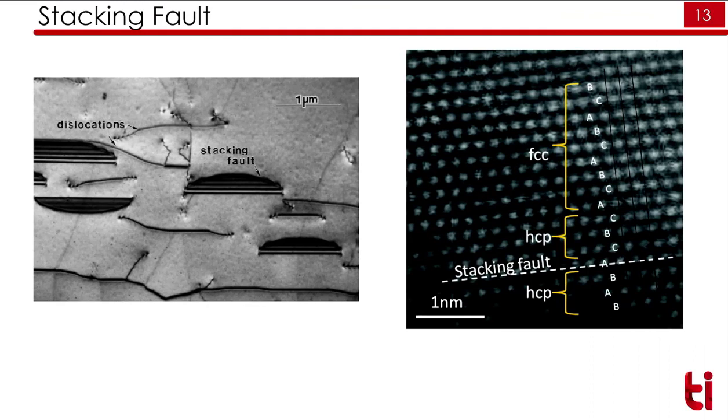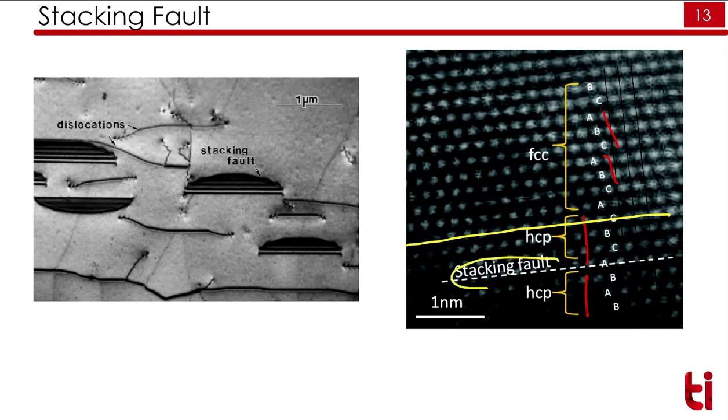We can observe the microstructure by using a scanning electron microscope or transmission electron microscope. If you take this example of FCC and HCP layers, we can observe here that we have an extra layer of atoms in between.